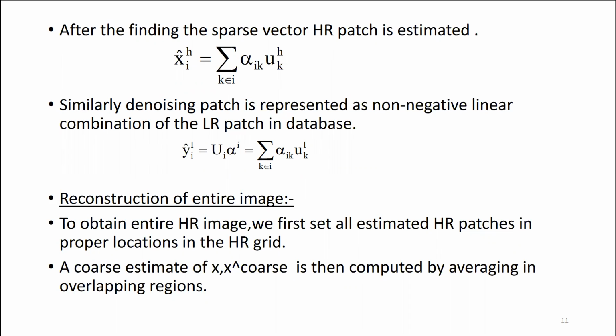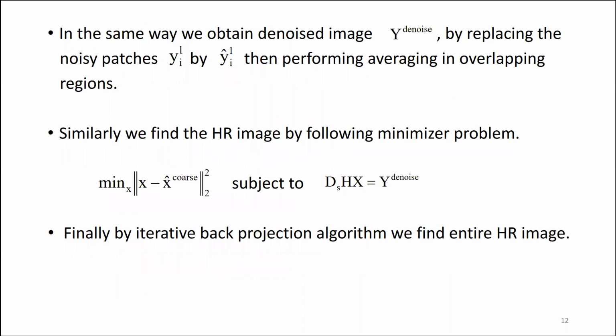In order to construct the entire image, we set all patches on the HR grid, meaning the high resolution grid. Wherever there is an overlapping portion, we average it. Similarly, we set all the low resolution patches, and overlap and average the overlapping regions in order to get the denoised image.